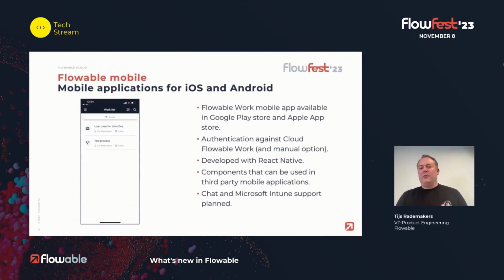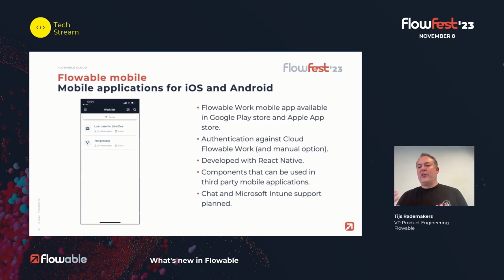Then in addition, we also did an update to our mobile applications. We already had mobile applications for iOS and Android, also available in Google Play Store and Apple App Store. But it was not really easy to set them up. So you had to configure a URL, username, and password to log into your local Flowable Work environment.